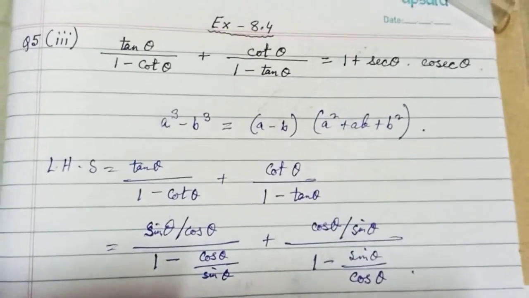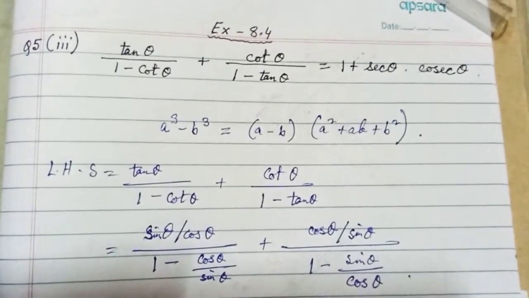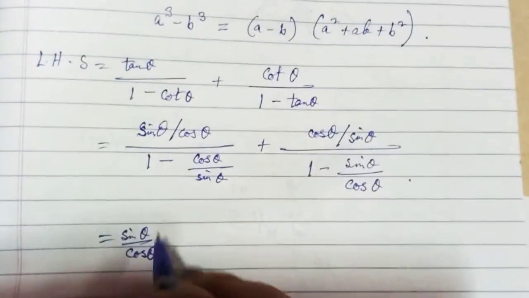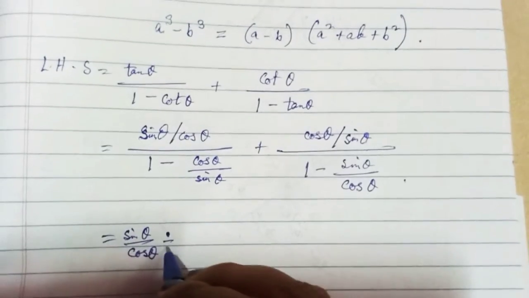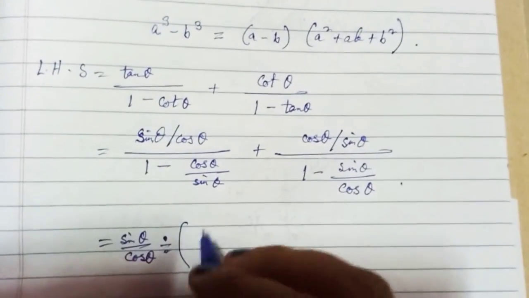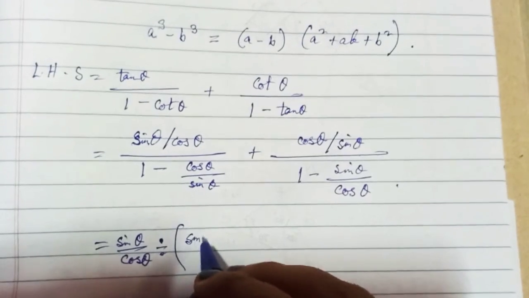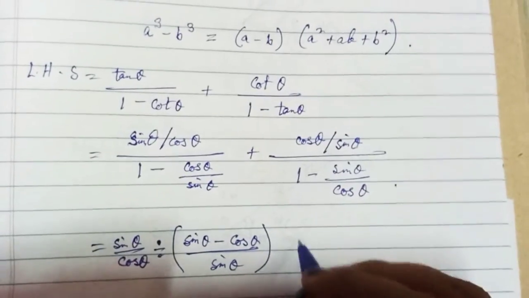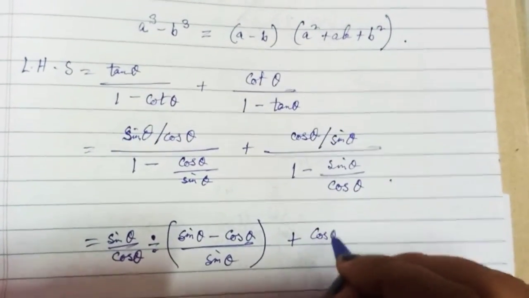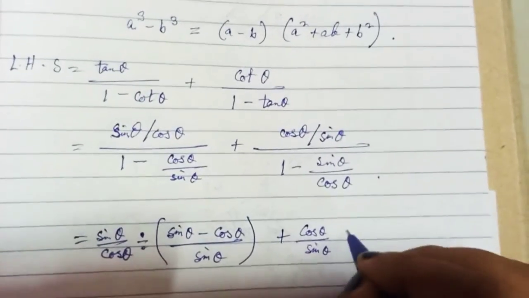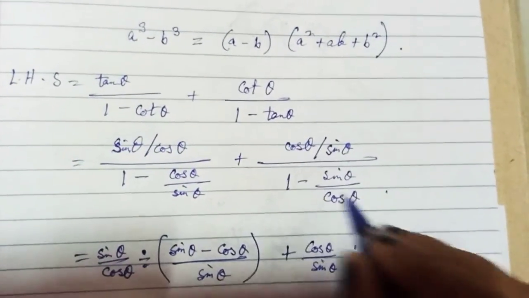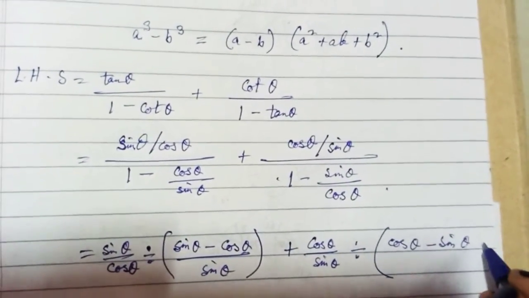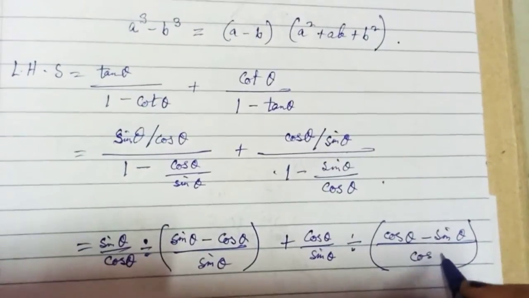So we will get sine theta by cos theta already in the numerator part, divided by, if we take the LCM, sine theta minus cos theta upon sine theta, plus again numerator cos theta by sine theta, divided by, here if we take the LCM, cos theta minus sine theta upon cos theta, that you will get.